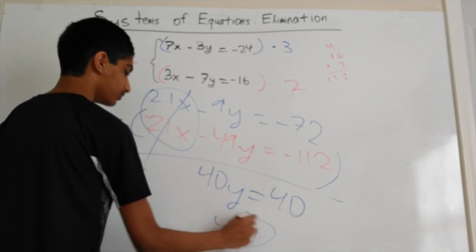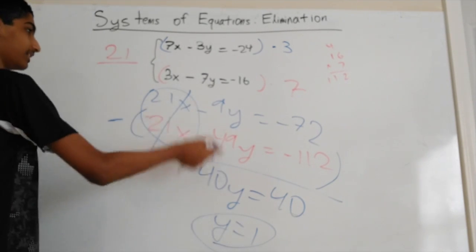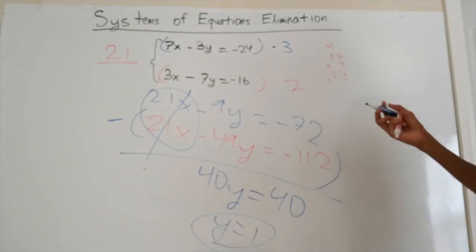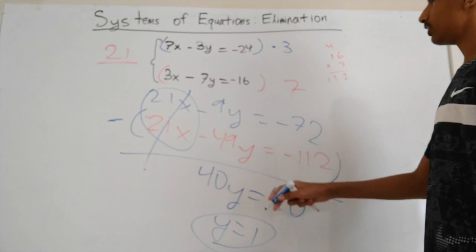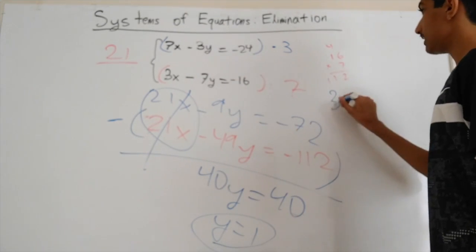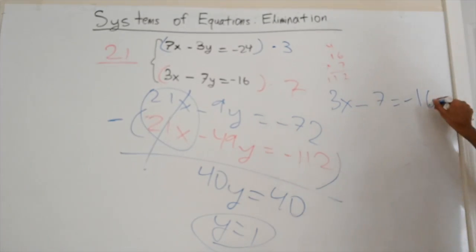So now we have y equals 1, so we want to find x. So let's plug it into any equation. I'm going to choose the second one, but you can plug it into the first one as well. So y equals 1, we have 3x minus 7 equals negative 16.